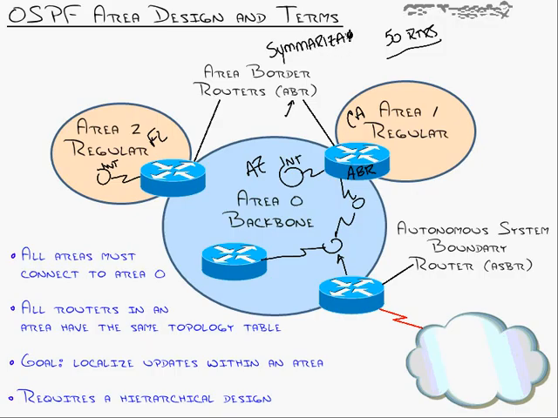Summarization. Now you know why I covered that key concept a page ago, because if you didn't know what summarization was all about, the whole design of OSPF wouldn't make any sense. And when you're designing these areas, it has to be a hierarchical design. And what that means is that you group similar subnets in similar areas.